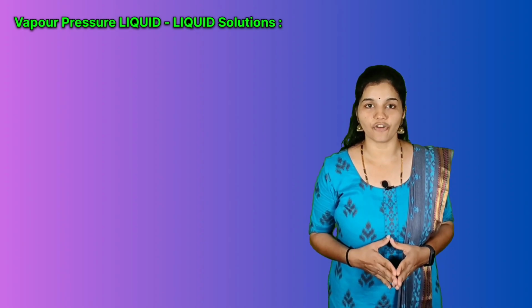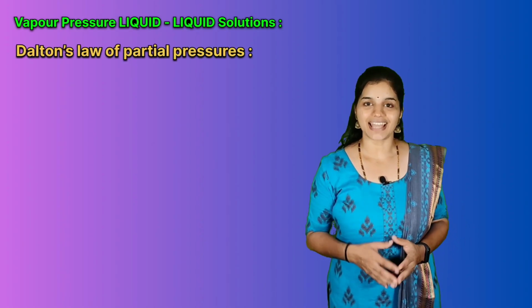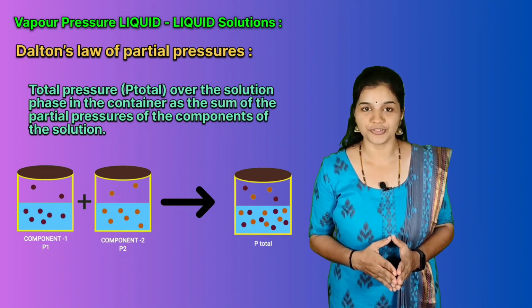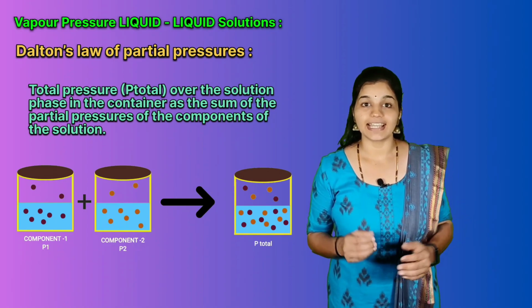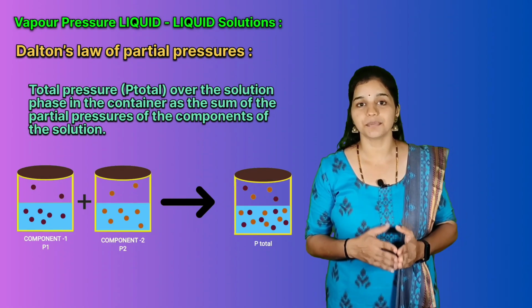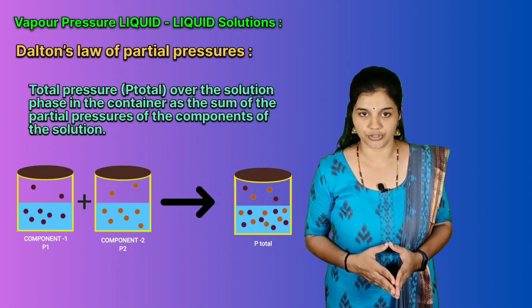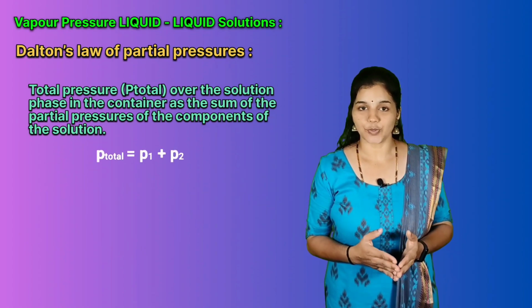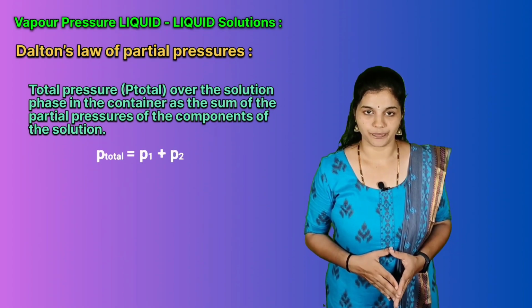According to Dalton's law of partial pressure, we can write the total pressure, that is P total, over the solution phase in the container as sum of the partial pressures of the components of the solution. That is, we can write P total is equal to P1 plus P2.